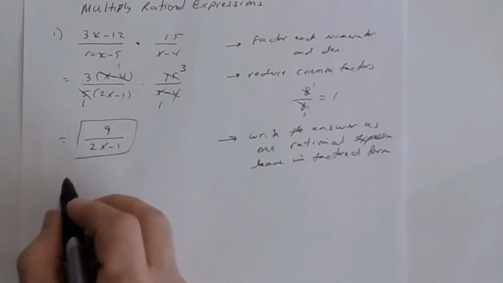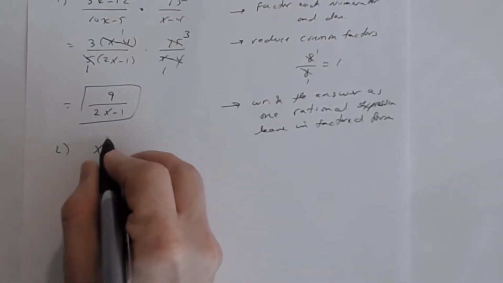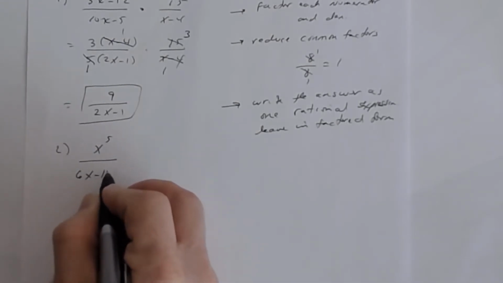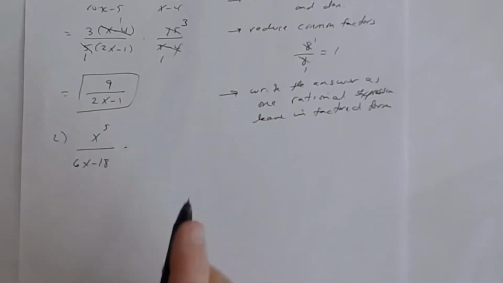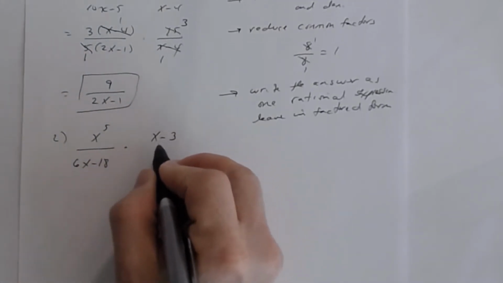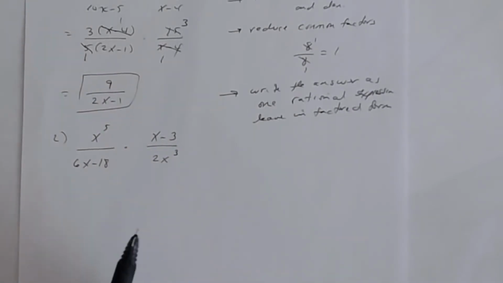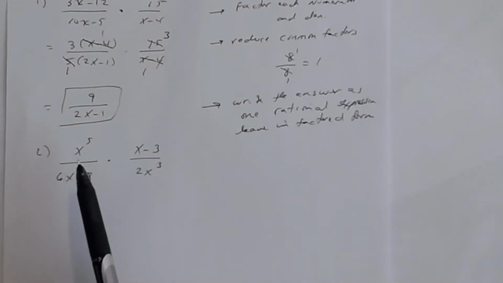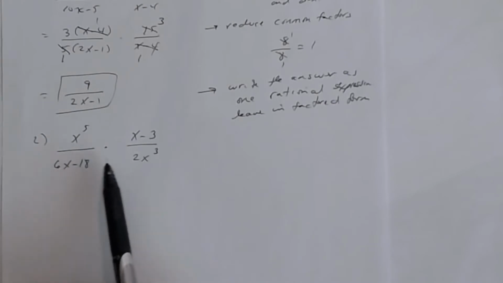All right, number 2. Let's suppose we had x to the 5th divided by 6x minus 18, times this rational expression, x minus 3 divided by 2x cubed. Remember, the first thing you have to do is factor each numerator and denominator.